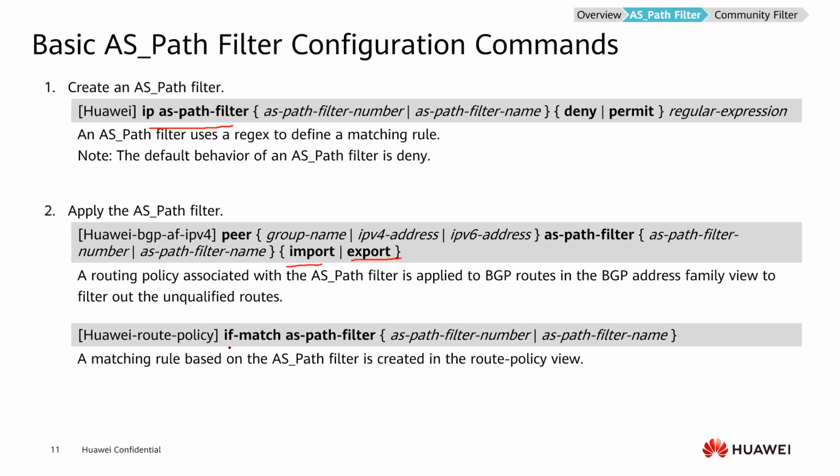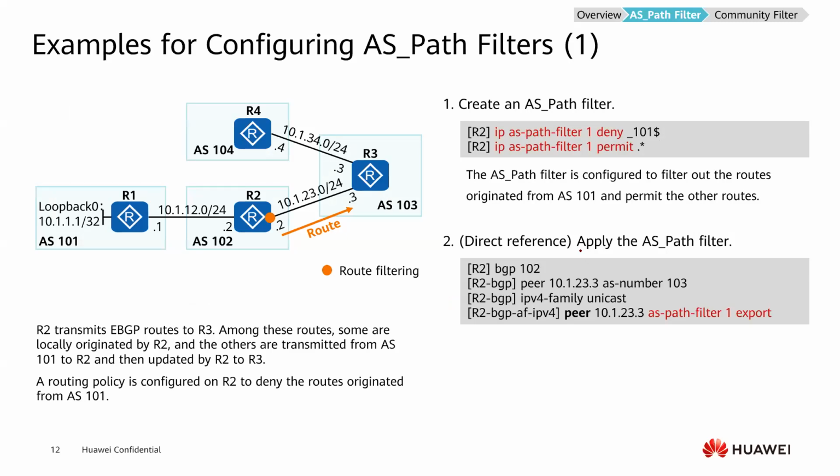And you need to use this command to match the AS-path filter you have configured. Just use this. And for an example of the AS-path filter, if you want to configure it, first you need to create the AS-path filter like this.